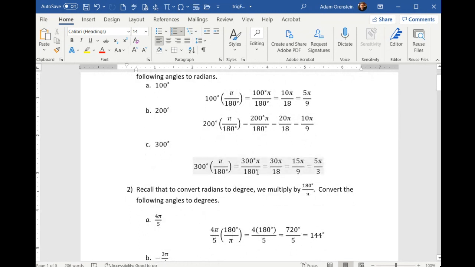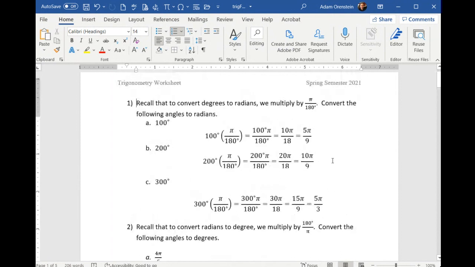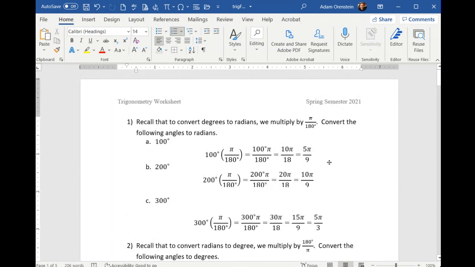We could take off a 0 from the top and bottom, so we get 30 pi over 18. I just kept on going because you could take out 2 as a common factor and get 15 pi over 9. And then 15 and 9 have a common factor of 3, so I took that out as well. All right, any questions on that?